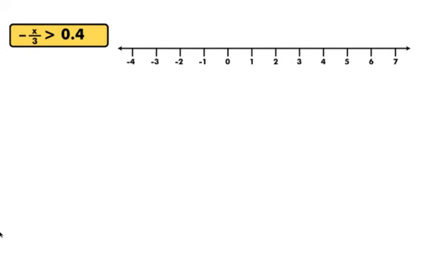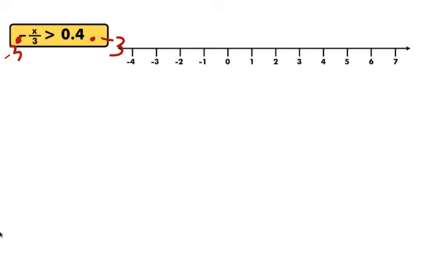Again, if you want to pause and try this one on your own, go ahead. I've got negative x divided by 3 is greater than 4/10. And so in order to isolate the variable, I need to multiply by negative 3. And if I do that on the left, I've got to do the same thing on the right.